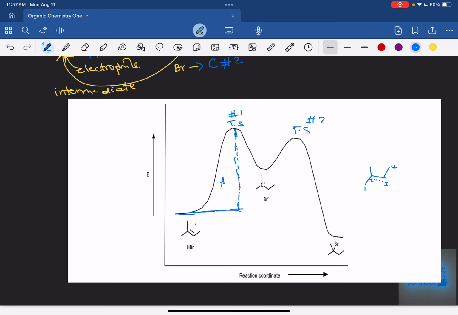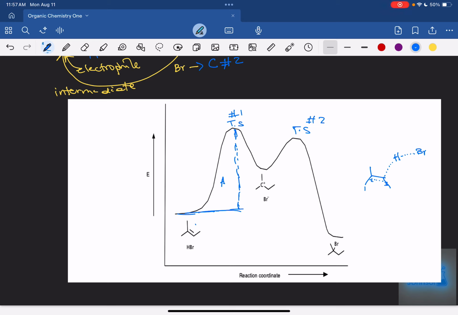So you will have a partial bond formation, and you can show that like this, formation between the carbon and the hydrogen, and then a partial bond breakage between the bromine and your hydrogen. That's how you will show that, right?